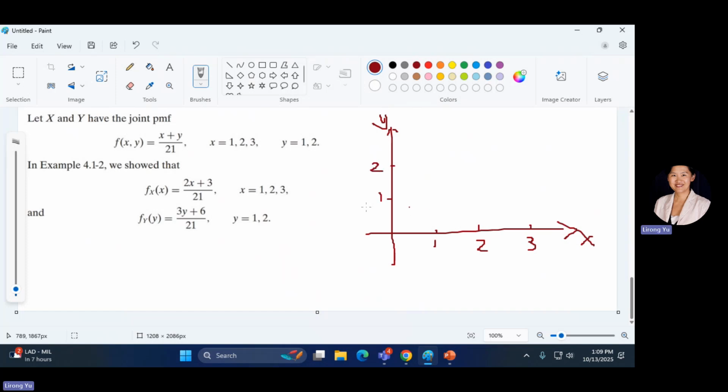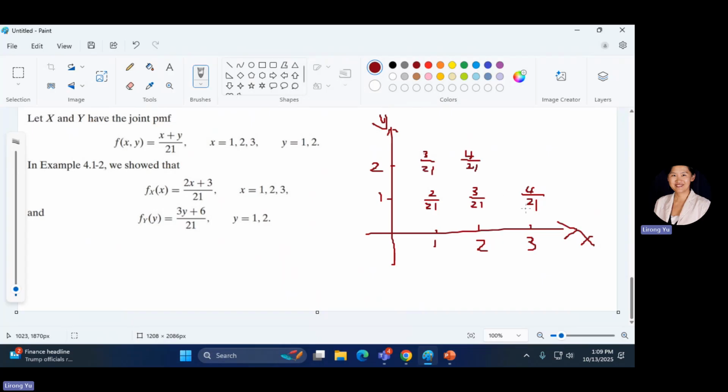So for x equal to 1, y equal to 1, 1 plus 1 equals 2, so this is 2 over 21. Then 3 over 21, and then 4 over 21. And then 3 over 21 and 4 over 21 in the next column.